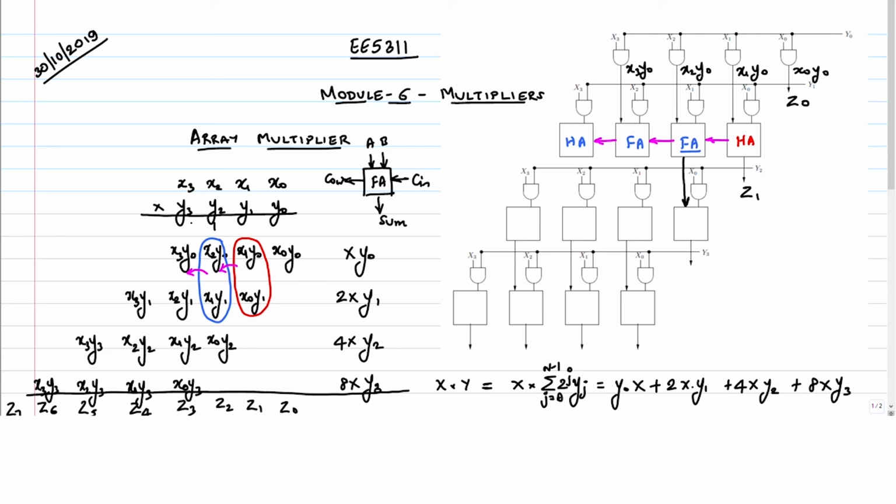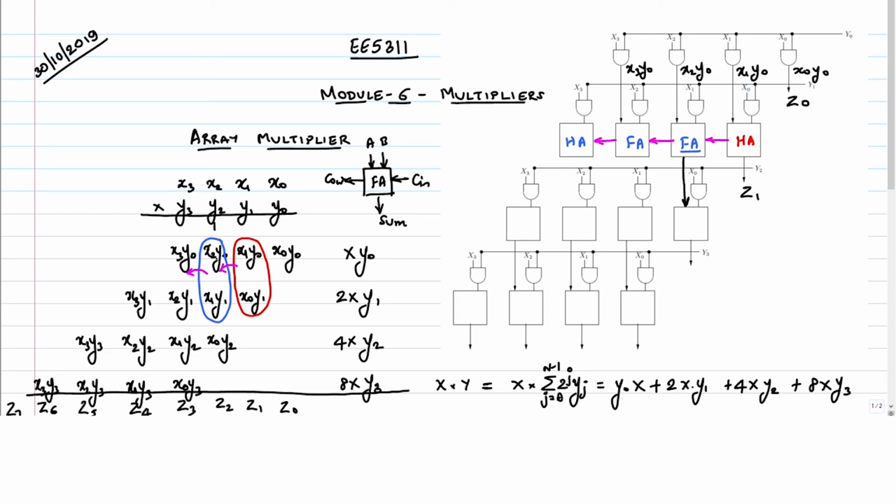Correct. Correct. That will not affect the value of Z2 is what I am saying. Because the carry is going to the higher bit. See, this is 2 power 0 into Z0, the coefficient of 2 power 0. Z2 is the coefficient of 2 power 2. Right? That carry that comes out of the addition of x2 y0, x1 y1 and the carry is actually going to 2 power 3.